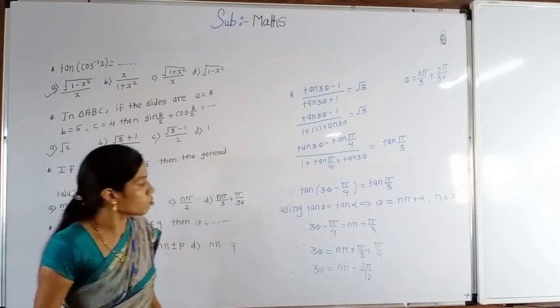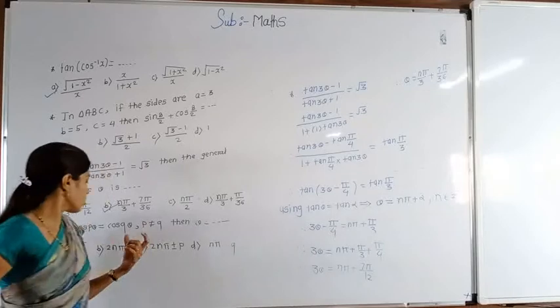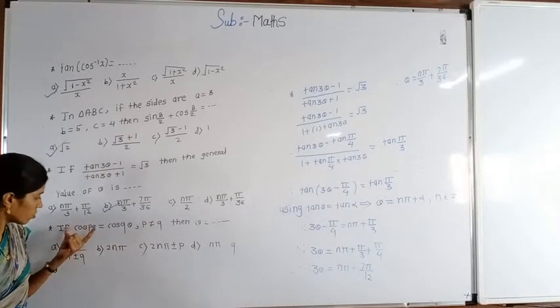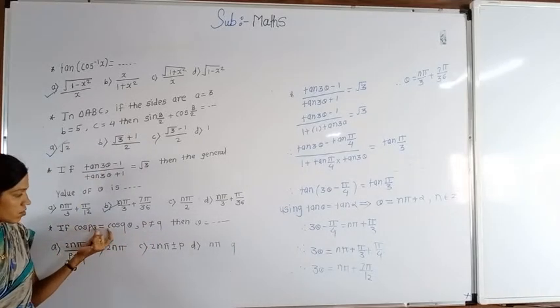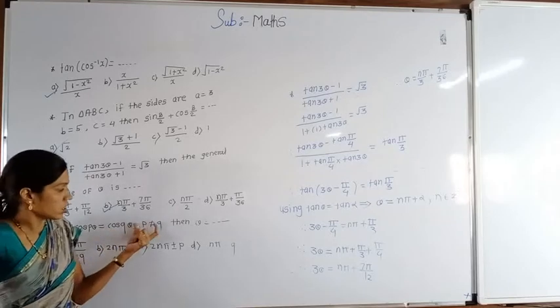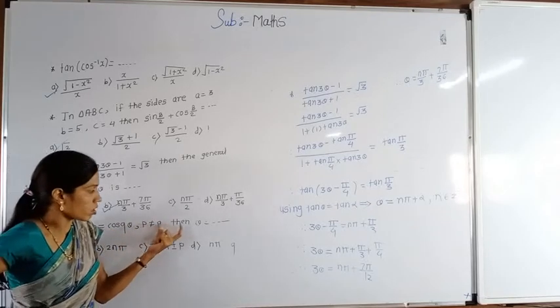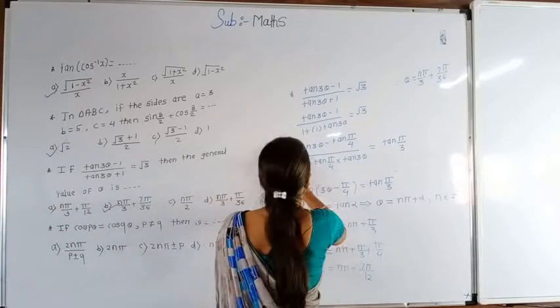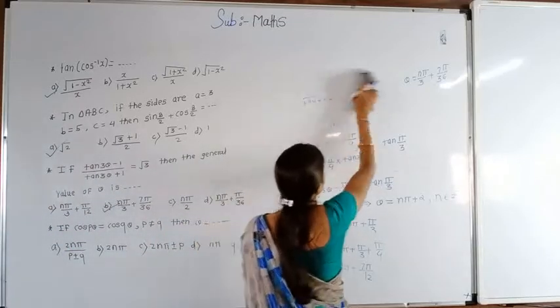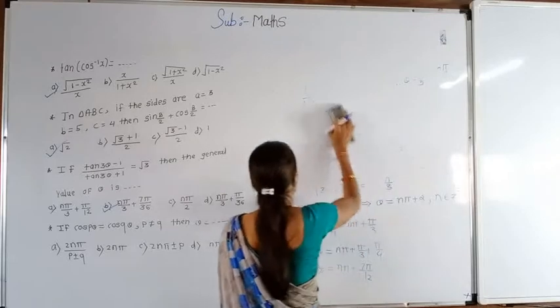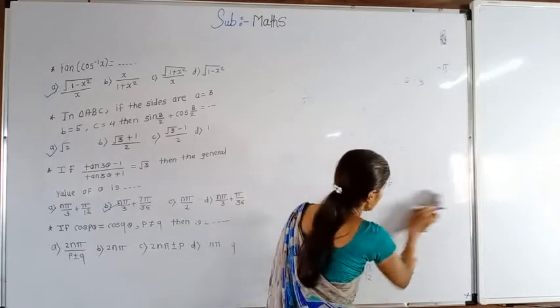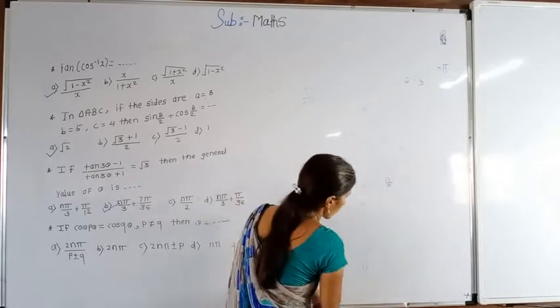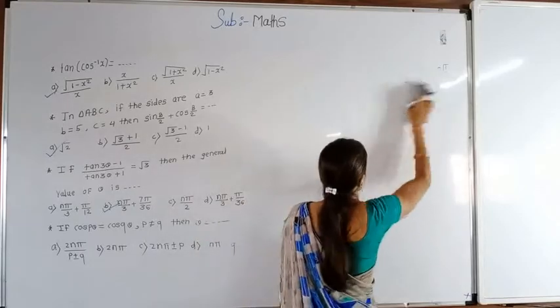Now let's move on to the next MCQ. If cos p theta is equal to cos q theta, where p is not equal to q, then find the value of theta. The given equation is also in standard form, and we know the general solution of cos theta is equal to cos alpha.